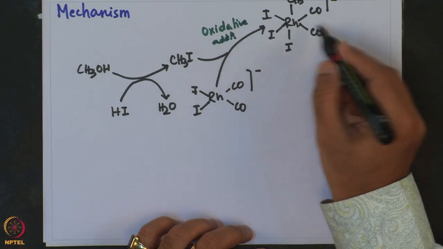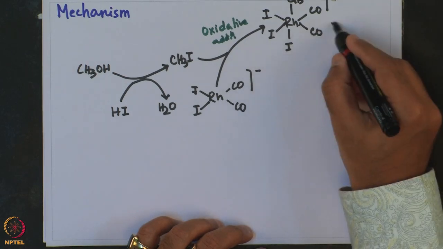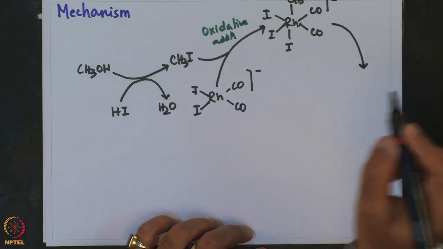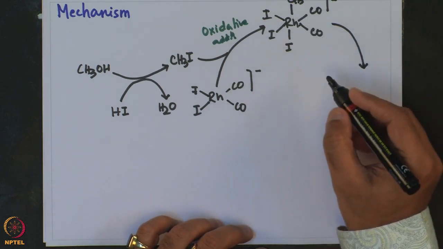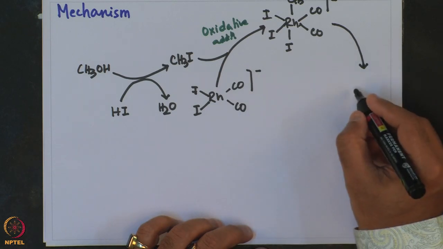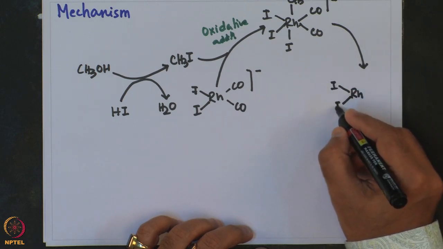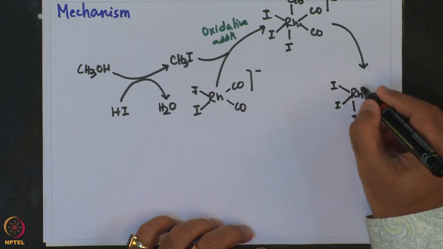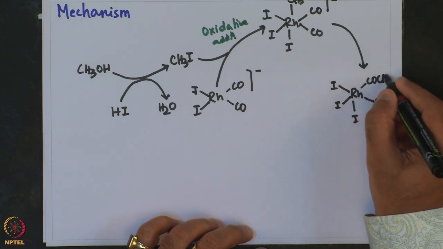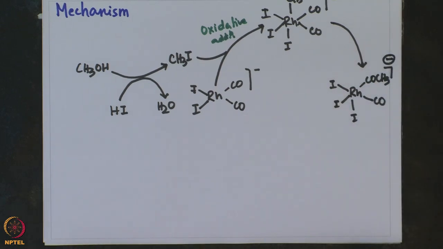Subsequently formation of this triiodide then undergoes carbonyl insertion to give rhodium COCH3 anion.